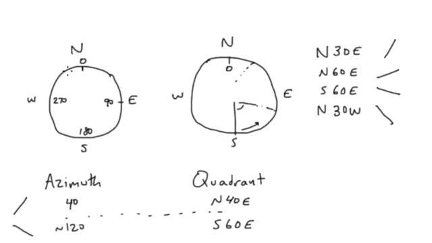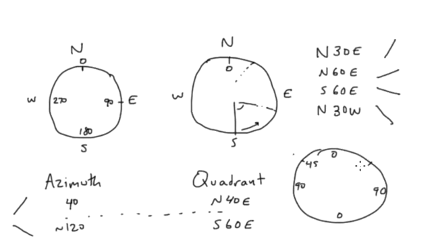But the compasses we have, we have some of each, and it's important to know how to use both of these conventions. So the quadrant compass is labeled with zeros and 90s, and 45s or other numbers in the middle.